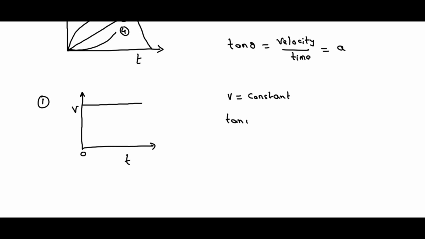Then tan theta is equal to, theta is 0, so tan theta is also 0. That means acceleration is equal to 0. That means the body is moving with uniform velocity, or it is in uniform motion.